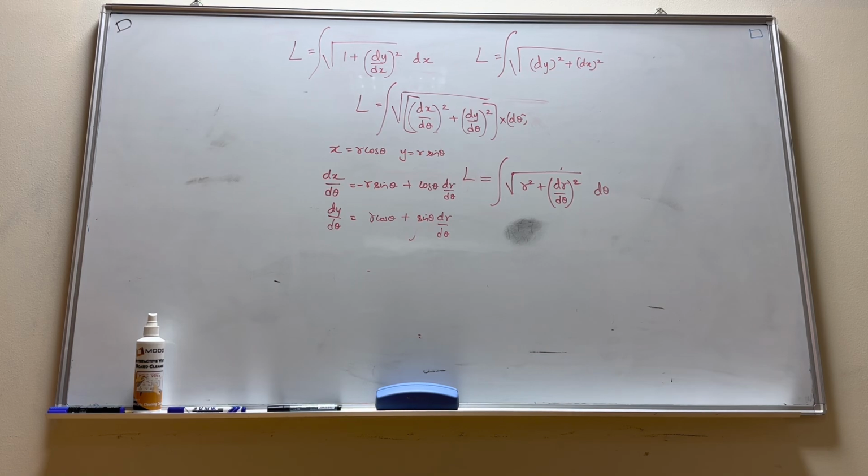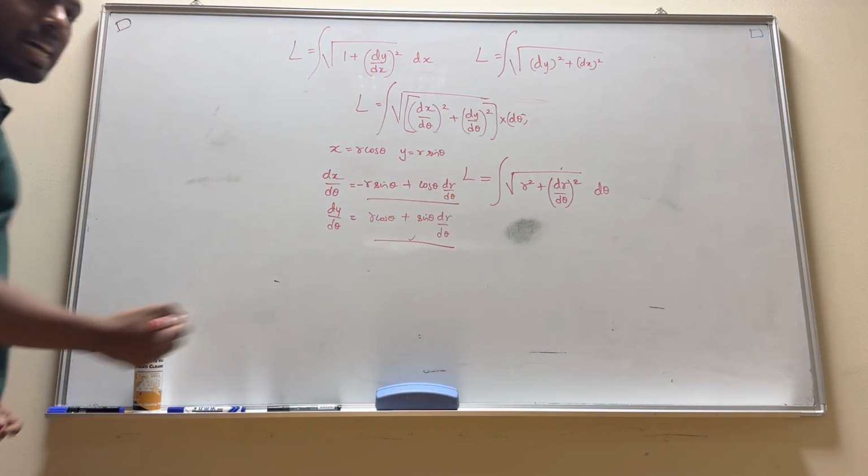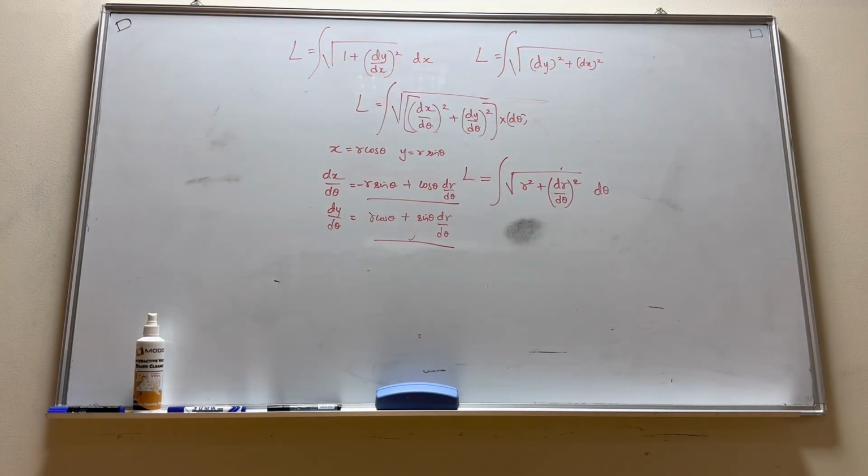If you want, do the addition separately outside of the root and integral to make your life easy. Like do dx by d theta whole square and dy by d theta whole square separately, and just add them up. So all I'm asking you to do is square this, add them up, and tell me what you get.